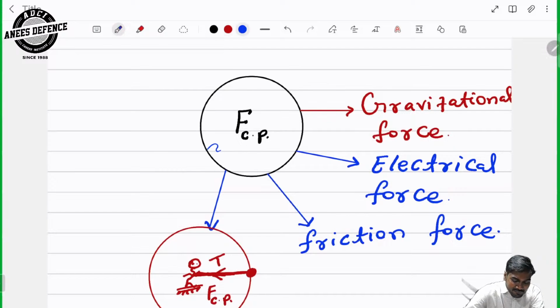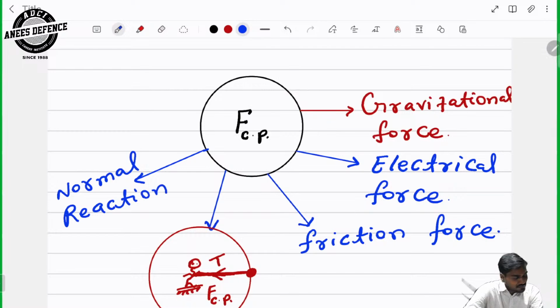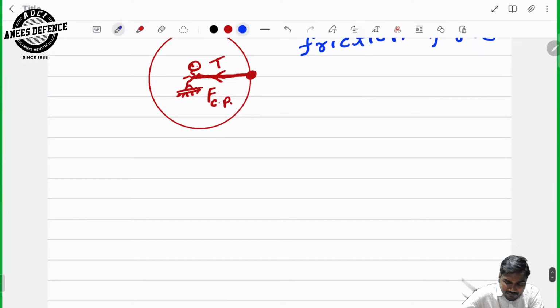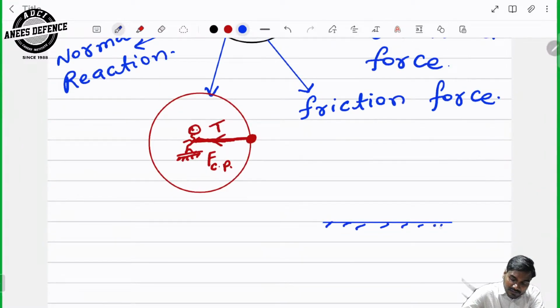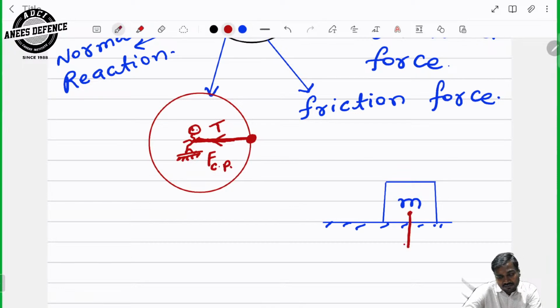Sometimes centripetal force may be normal reaction. You know normal reaction? Don't know what is normal reaction? Consider this is a surface and a block of mass m is placed on this surface. A force mg will act downward.